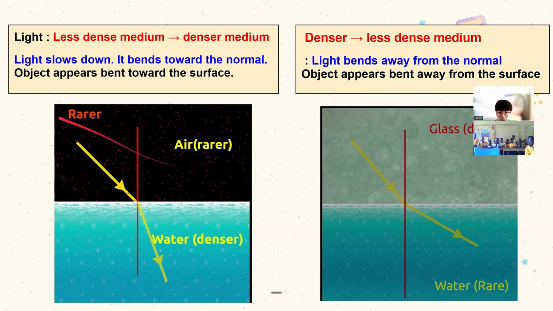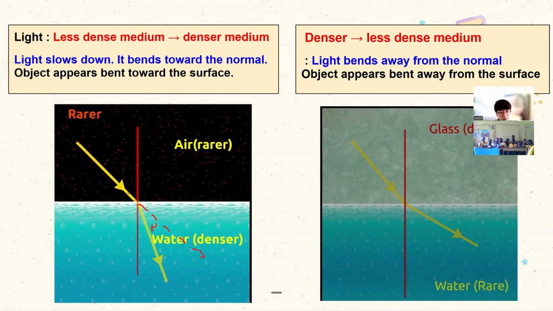So light slows down and bends towards the normal. When the light hits the surface, it doesn't go straight down. Because light is slowed down, it moves towards the normal, so it goes down a little bit.